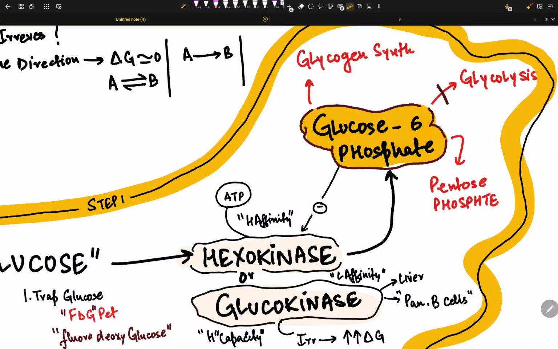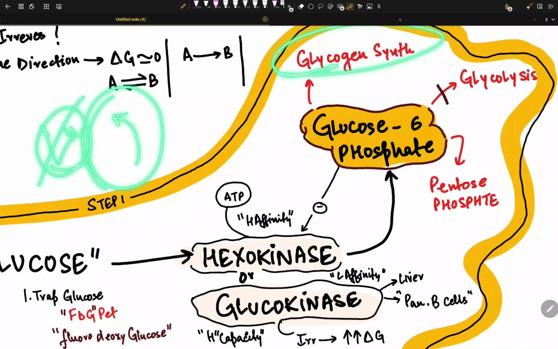Now when you think about GLUT4, a lot of people will think, hey, insulin increases GLUT4 and that's it. Of course it does, but is it the best answer? No, I don't think so, because GLUT4 only explains glucose entering muscle and adipose tissue, not glucose being stored in the liver. For glucose to be stored in the liver, you need glycogen synthesis.